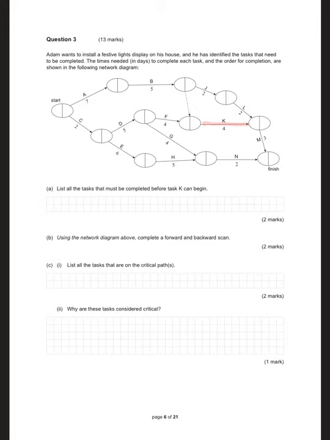C, D, and F are required too. So tasks A, B, C, D, F must be completed before task K can begin. Use the network diagram to complete a forward and backward scan in blue and red.